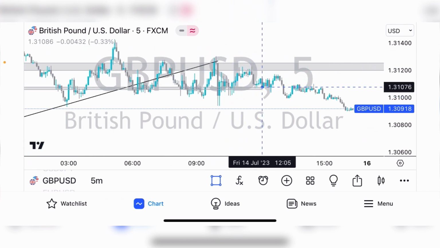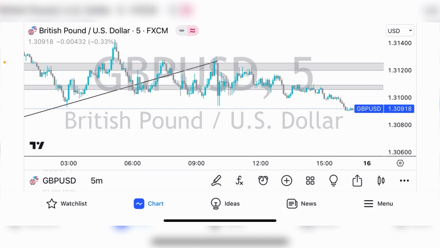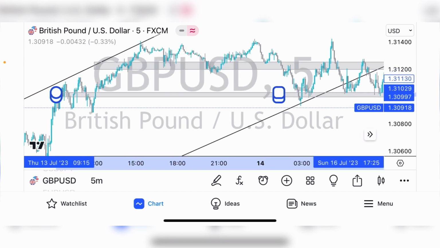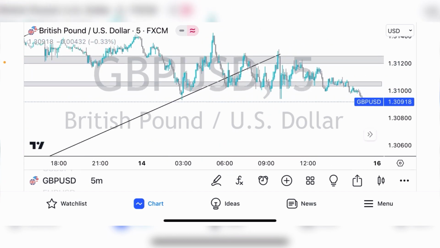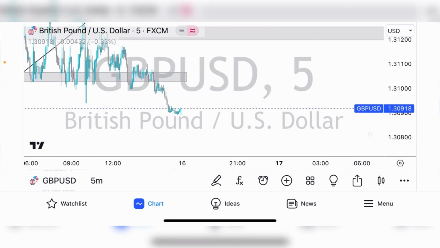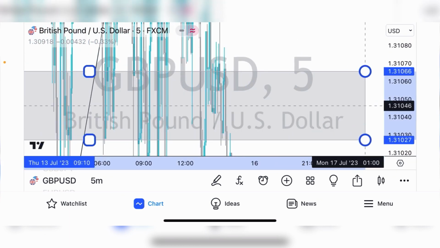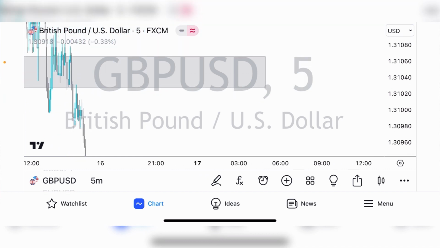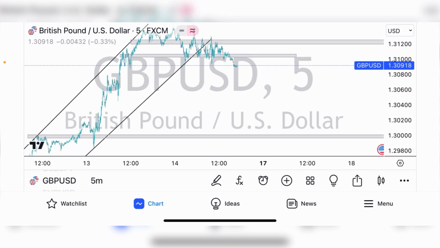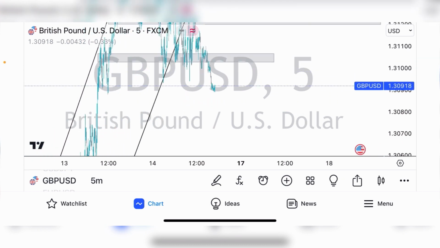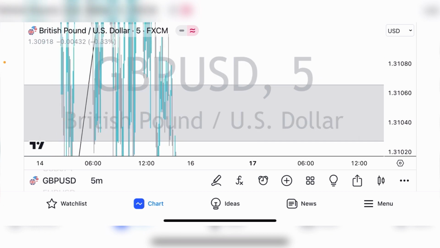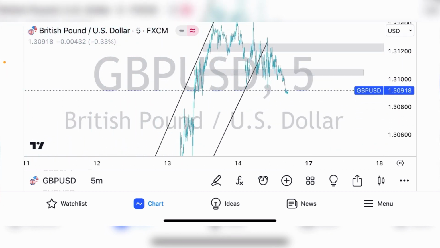Let's go to the left like this. So this is another major support and resistance zone that the market has been touching for multiple times, meaning this level is also a strong level on the M5, and we might see the market retracing till this level before it continues going down.